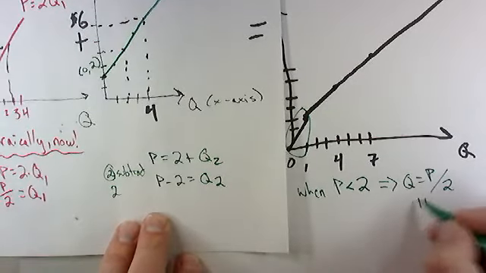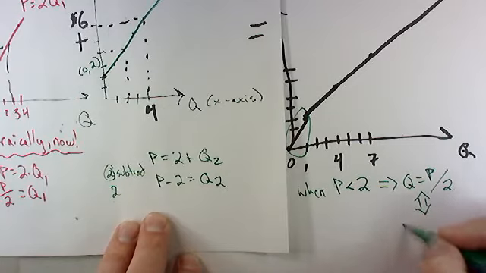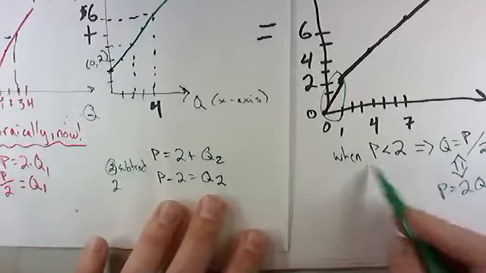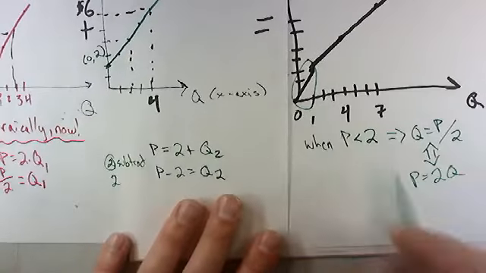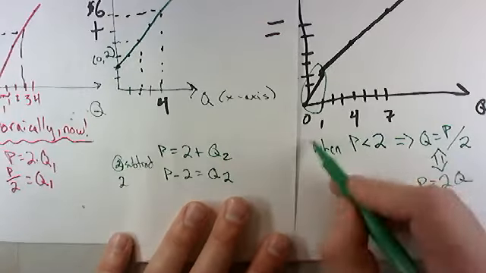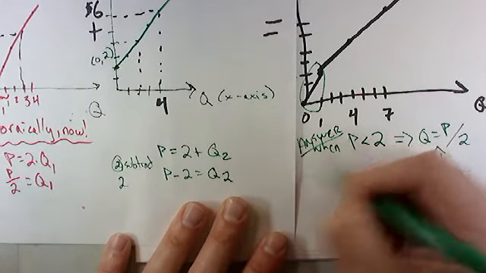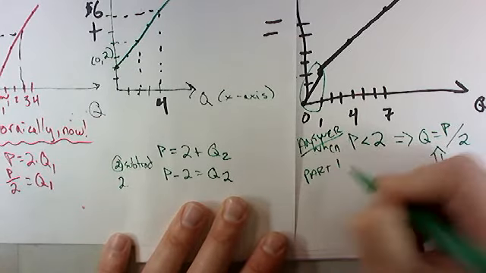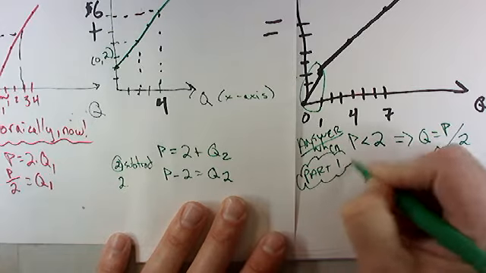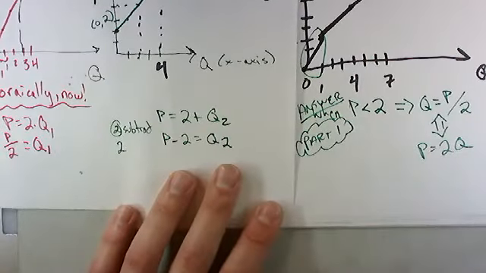We also know that this just means P equals 2Q. So that's one of the ranges, and it's all part of this answer. This is the first part of the answer, part 1. And then part 2 is when the price is greater than 2.